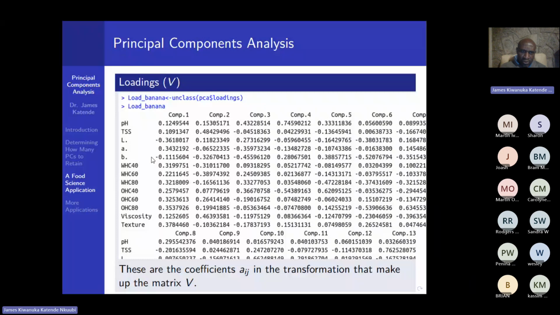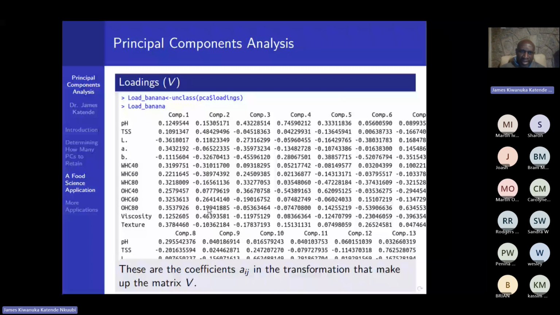Maybe also this other color component. There are these two color components which seem to be strong, though in opposite directions. They are strong in the first principal component. The second principal component seems to be strong on the total soluble solids. And then it's a bit high on the water holding capacity compared to the oil holding capacity.